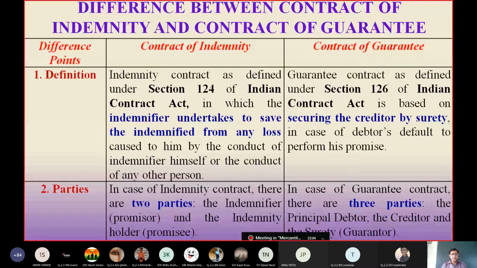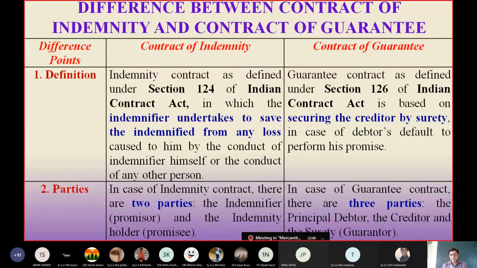The promisor, that is the indemnifier, undertakes to save the promisee, that is the indemnified, from any loss caused to him by the conduct of the promisor himself or the conduct of any other person. Sir, it is a situation where one person saves another person from any future loss. And this loss may be caused by the conduct of the promisor himself, or it may be done by the conduct of any other person.